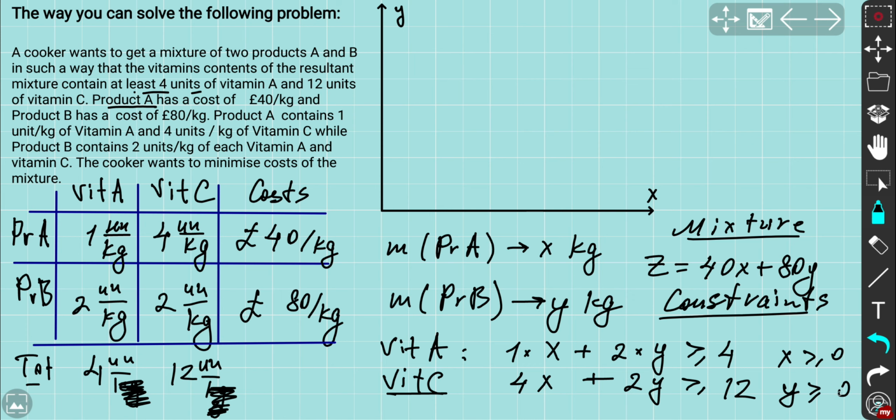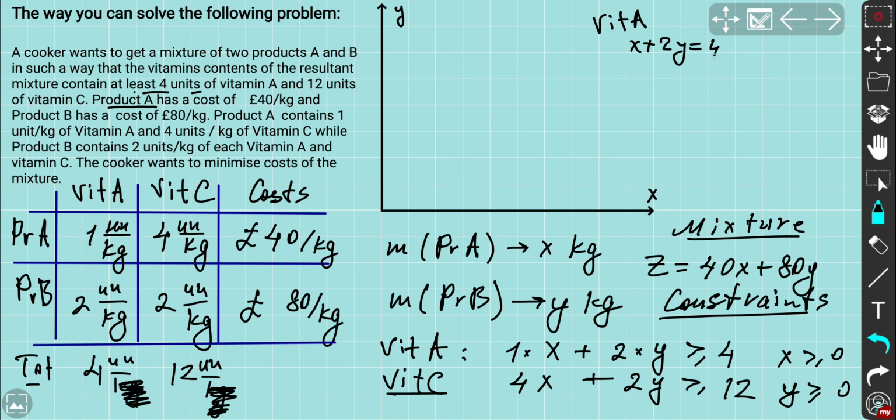Okay, it's the right time to put all those constraints onto a Cartesian plane. The first one is about vitamin A: x plus 2y greater than or equal to 4. We are going to consider the equation for the line for vitamin A, which is simply x plus 2y equals 4.